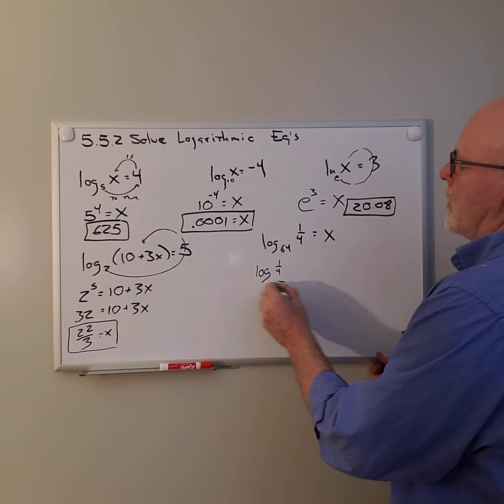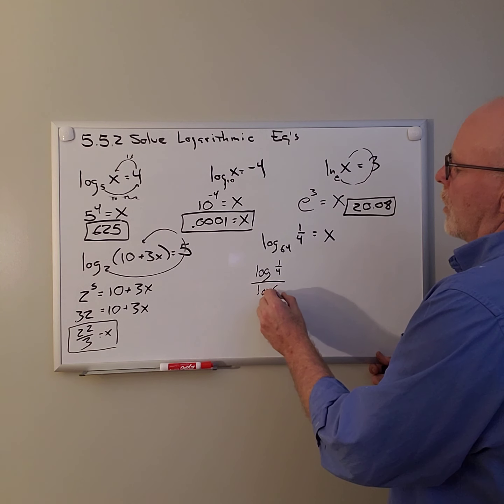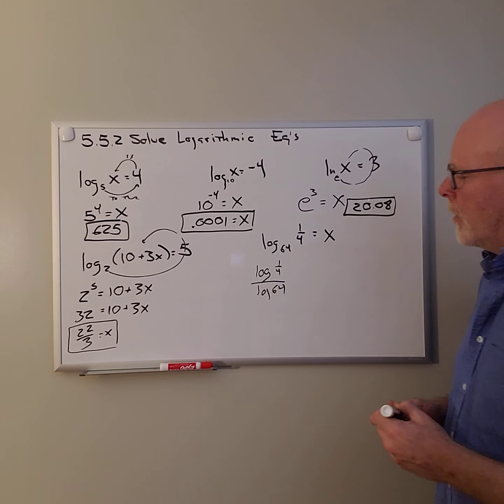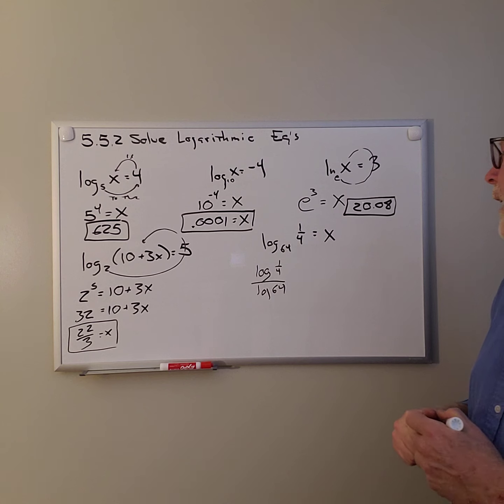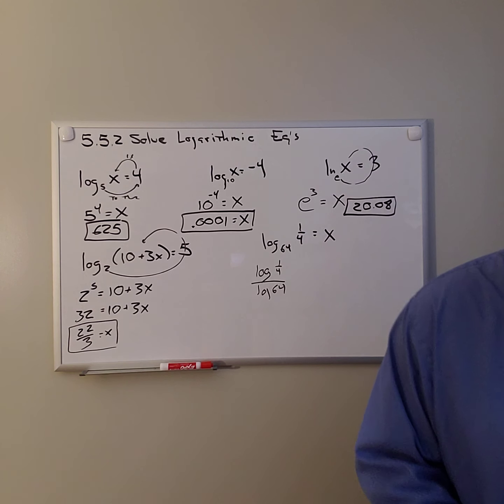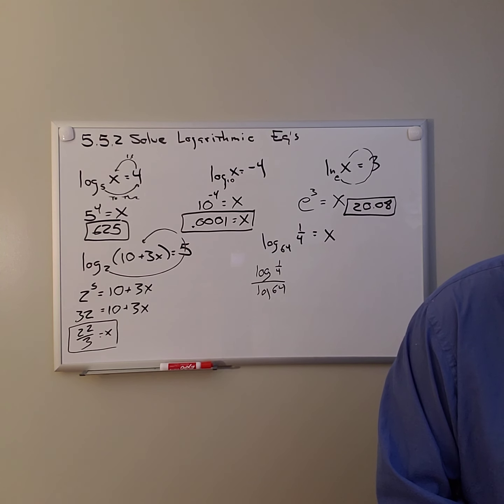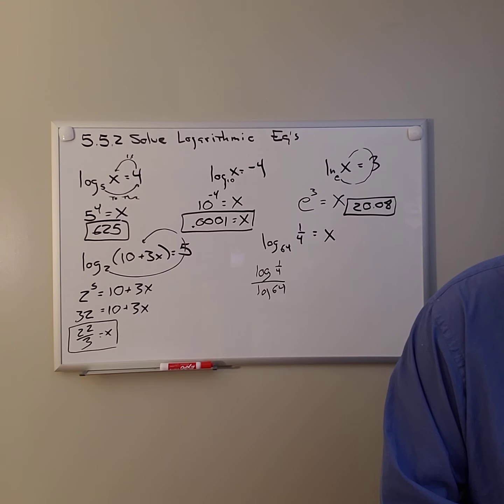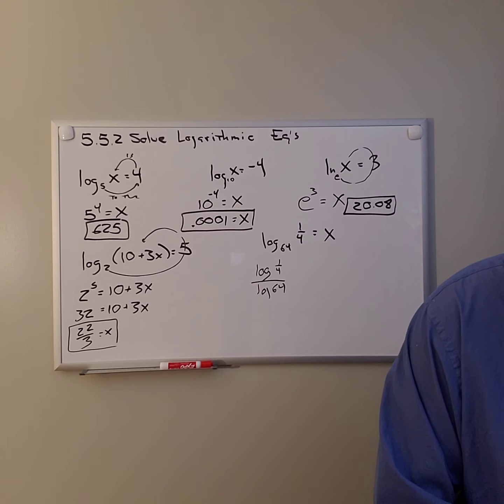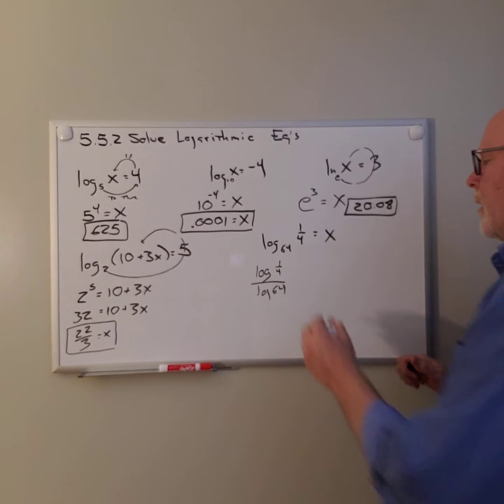The log of the thing over the log of the base. And I believe you would get negative 1/3, I think is what you should get there. Log of 1 divided by 4 divided by log of 64, negative 1/3.